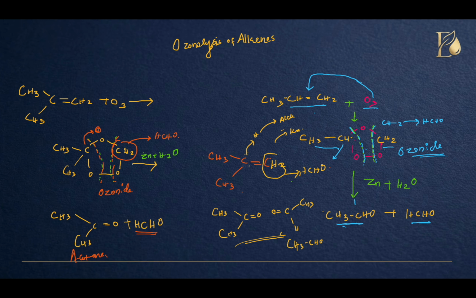When you add an O3 molecule to an alkene, first it will make the ring to produce an adduct, that is ozonide, which on addition of zinc dust and water will break the ring, and form the corresponding carbonyl compounds, aldehydes and ketones. If there is a hydrogen atom with the carbon atom, it will produce an aldehyde. If there is no hydrogen atom, it will produce a ketone. If it is a CH2 group, it will produce HCHO, formaldehyde. This is ozonolysis of alkene.